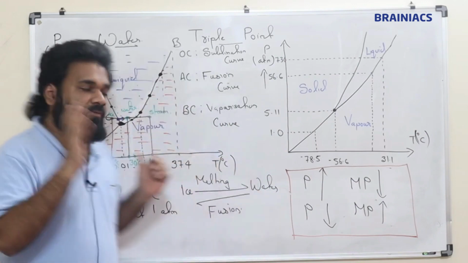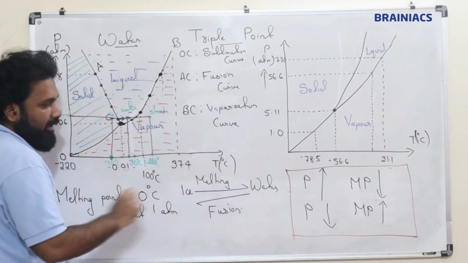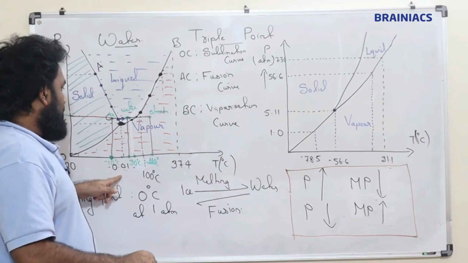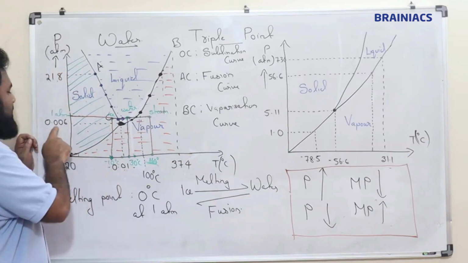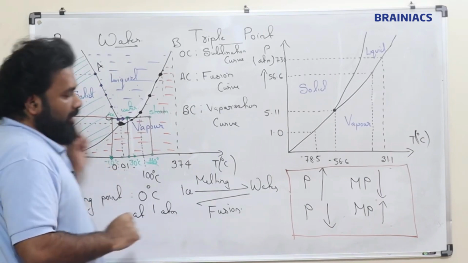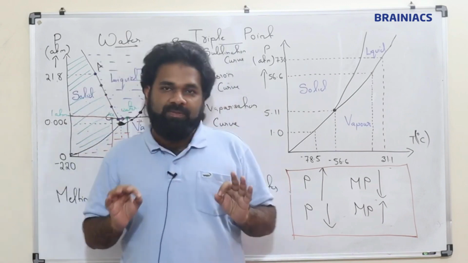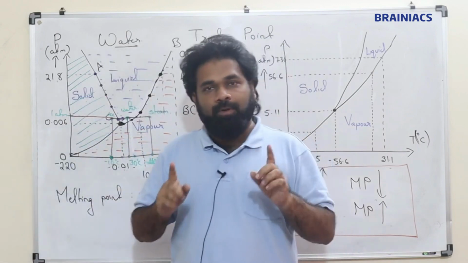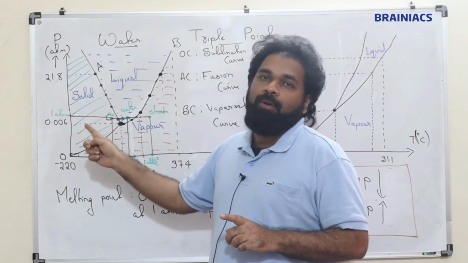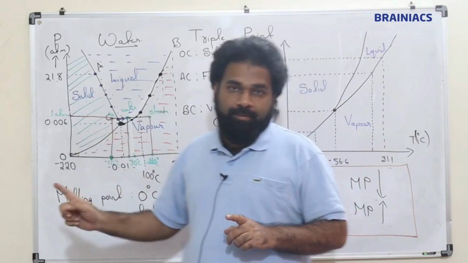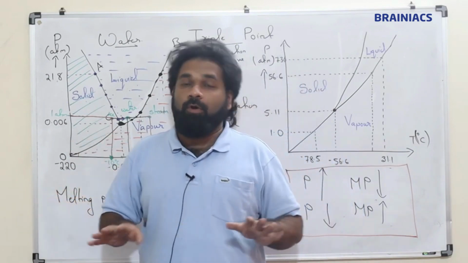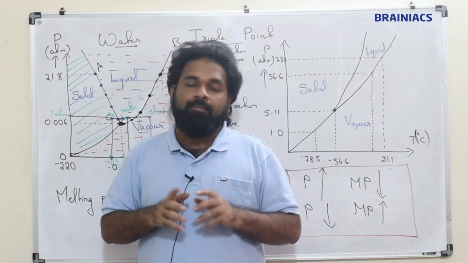This point is actually fixed. This is constant for a material. Because this is also fixed, this is also fixed. Triple point will happen only at this pressure and only at this temperature. So triple point is a constant value for a material.